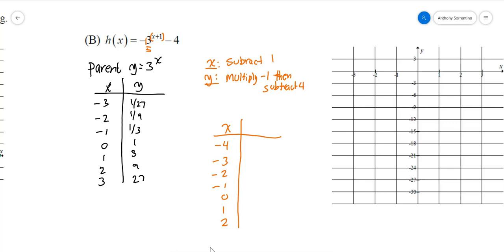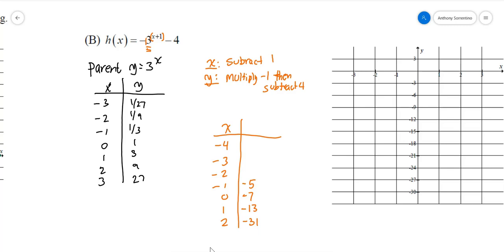Subtract 4 is a negative 31. 9 times negative 1 is negative 9. Subtract 4 is a negative 13. 3 times negative 1 is a negative 3. Subtract 4 is a negative 7. 1 times negative 1 is negative 1. Subtract 4 is a negative 5.